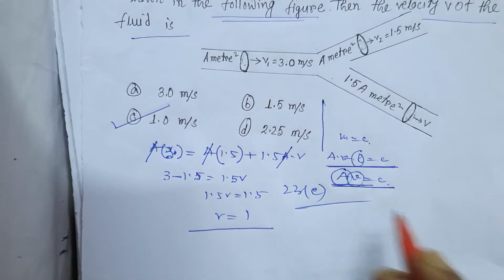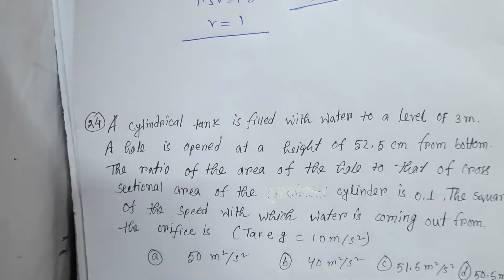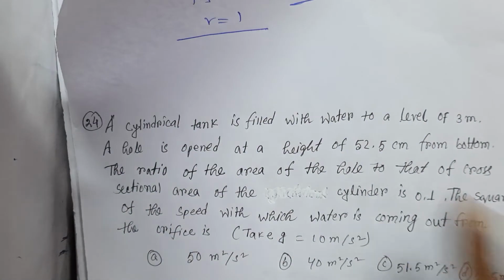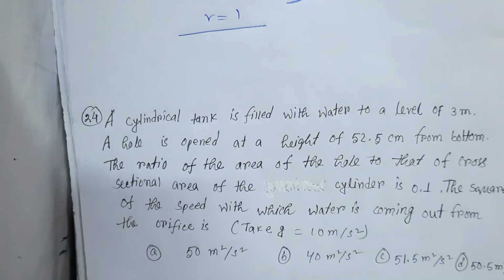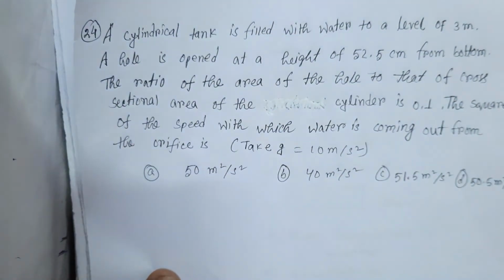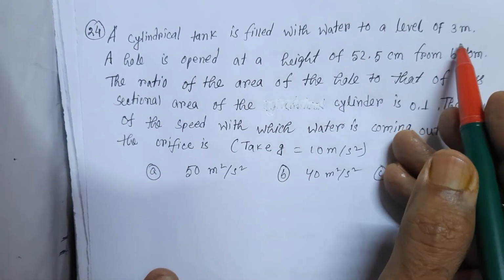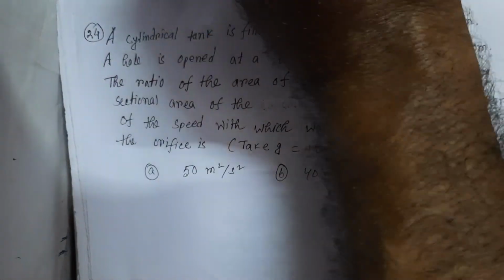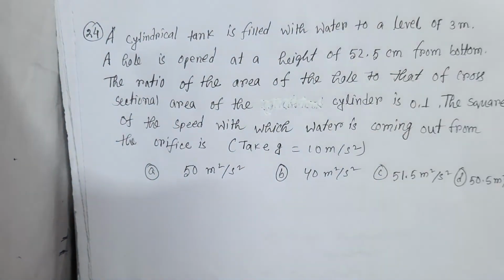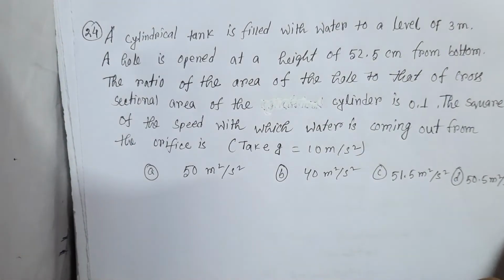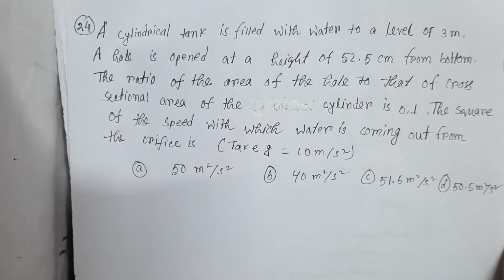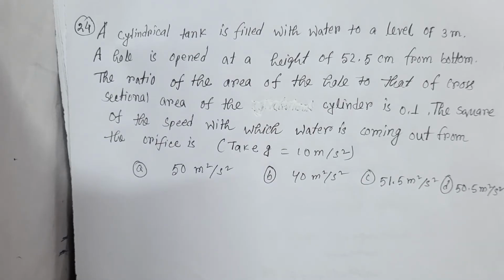Now let us take question number 24. In question number 24, we see that a cylindrical tank is filled with water up to a level 3 meter, and a hole is opened at a height 52.5 centimeter from the bottom. The ratio of the area of the hole to the cross-sectional area of the cylinder is 0.1.